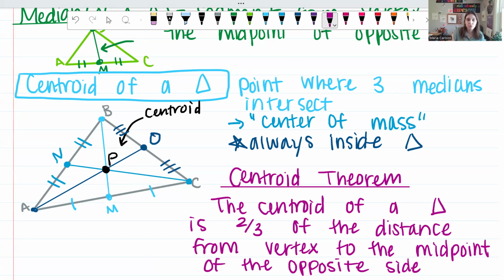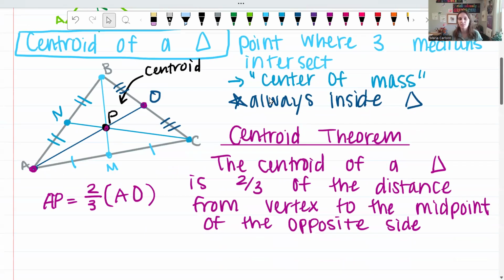So this centroid, this point P, is 2/3 of the distance from vertex A to the midpoint of the opposite side. So AP, the distance from the vertex to the centroid, is 2/3 the distance of the entire median, AO.